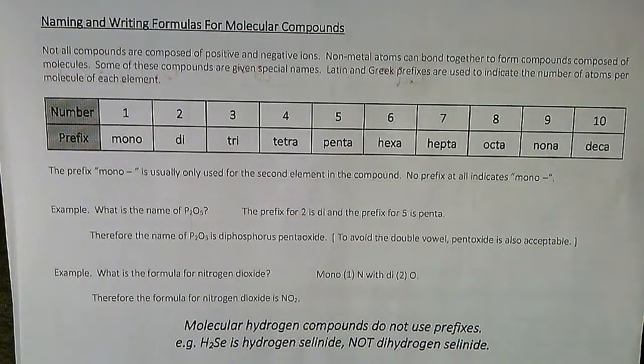So the thing that we want to remember is that we usually only use a prefix for the second element in a molecular compound, and if we don't hear a prefix at all, it means there's 1 of something, okay?